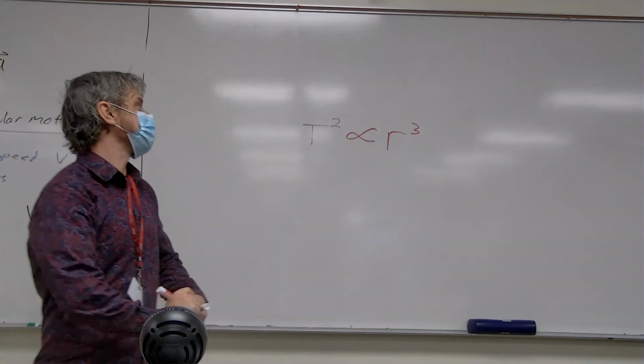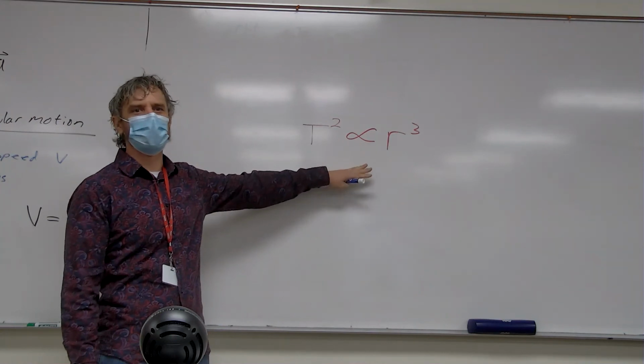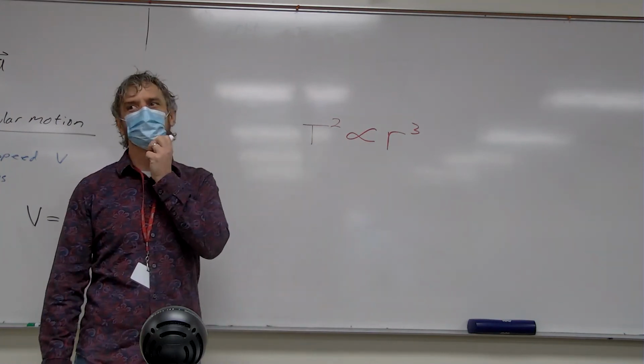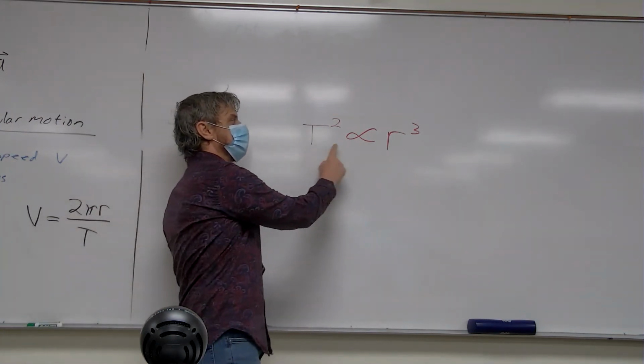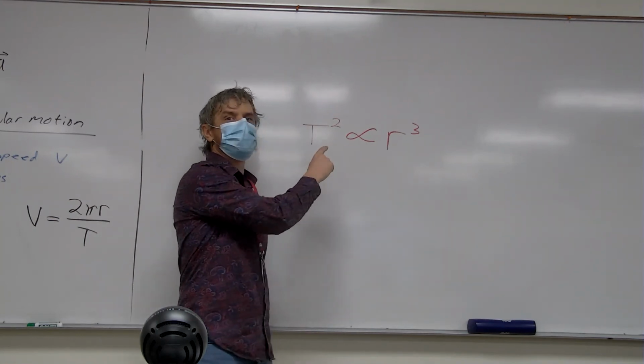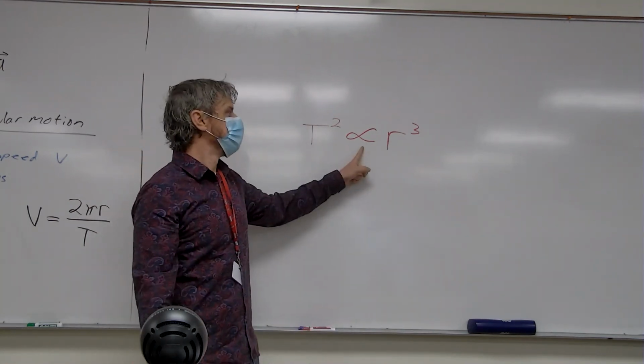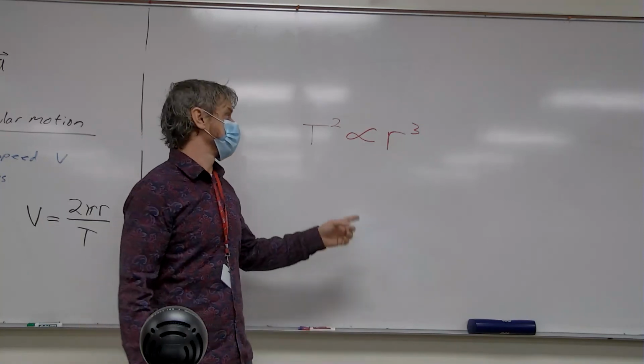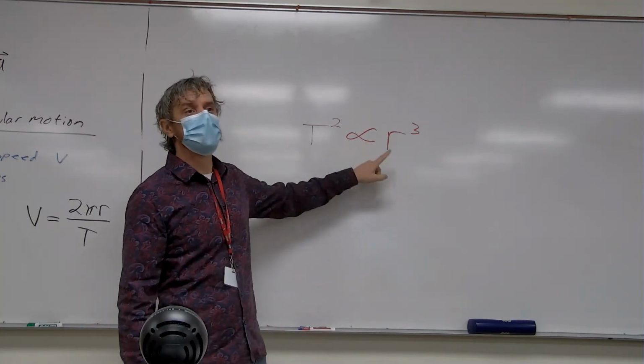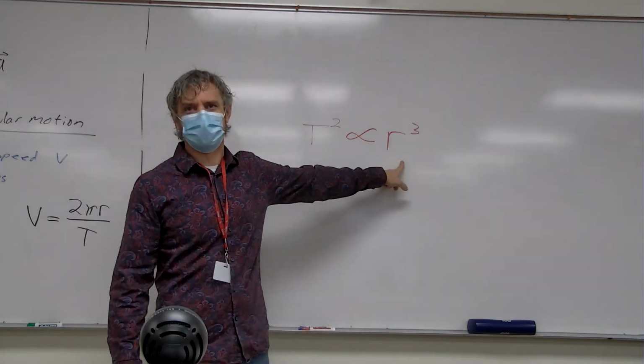This guy worked this out hundreds of years ago, before Newton, before calculus, long before modern technology. He worked this out, and this is true. The square of the period of any object in a circular orbit, the orbits that he was dealing with were highly circular, is proportional to the cube of the distance.